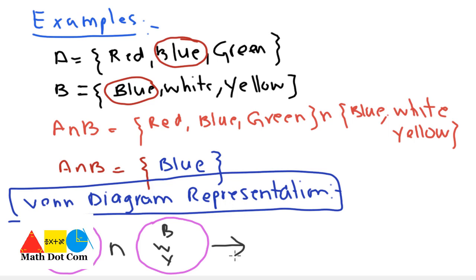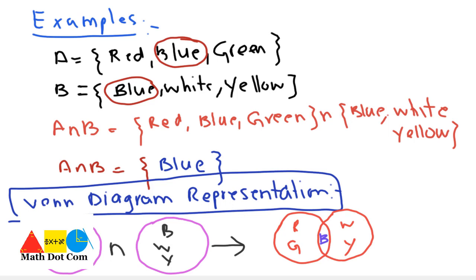What will be their intersection? It will be like this. Will it be overlapping or not? Yes, it will be overlapping because we have one element in common. Then we will write their elements as red and green here and white and yellow here, and the common element was blue.